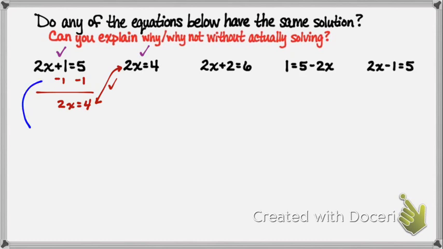If we do the same thing to both sides, that is a property of equality. What did we do to both sides here? Subtract. This is the subtraction property of equality.